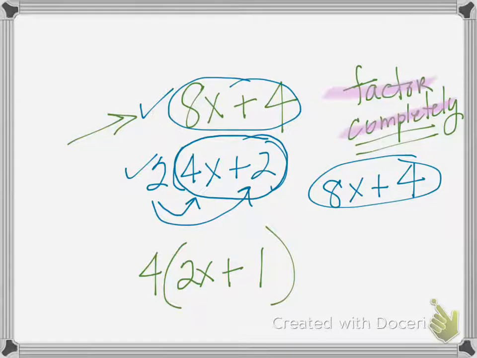So this expression inside of the parentheses is actually factored completely. We can't factor it any further. There's no number other than 1 that is a common factor to both 2 and 1. So in that case it won't change anything.